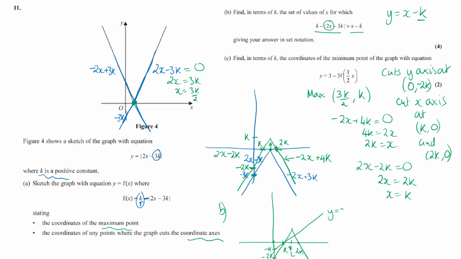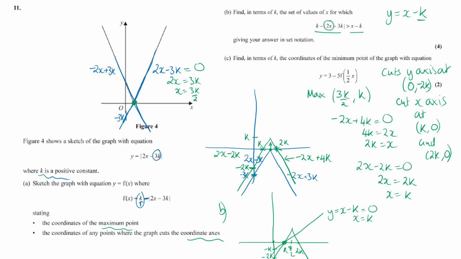Y is equal to x minus k, because when that's equal to 0, where does it go through the x-axis? If you let that equal 0, it's where x is equal to k, so it's going to go through on that point. So it's where is that straight line going to be below the modulus graph.